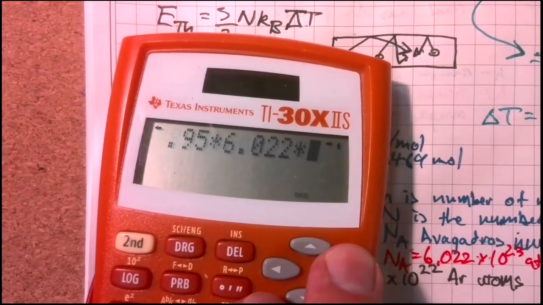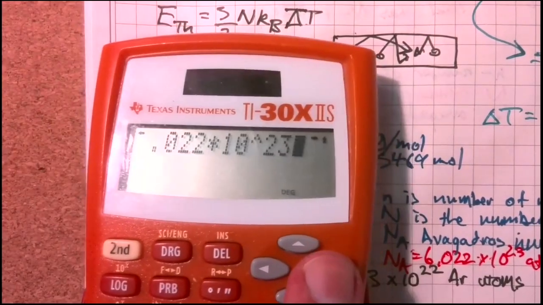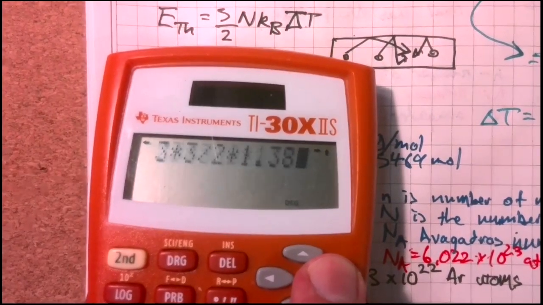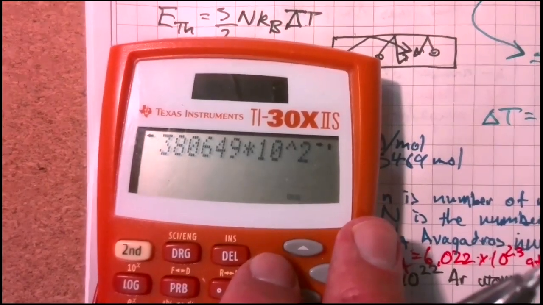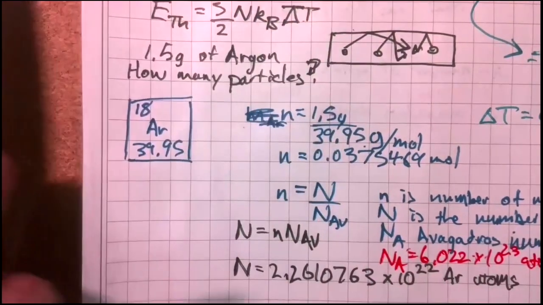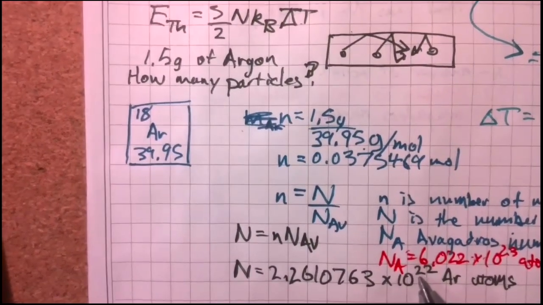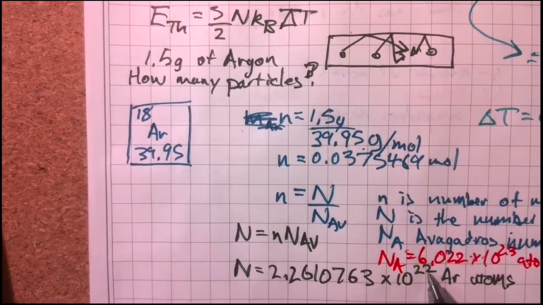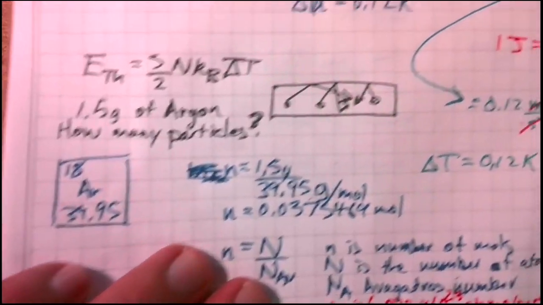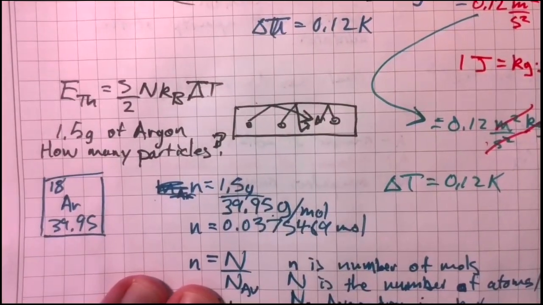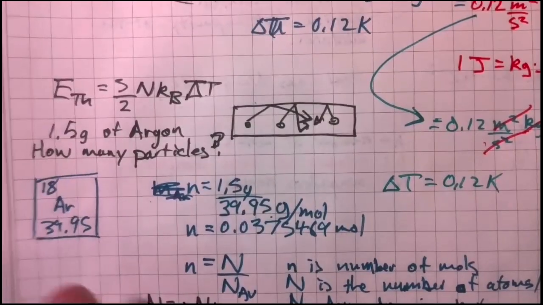I'm going to go back and look at this. Okay, I have 10 to the power of 23. Now the other one here. Oh, there it is. First of all, right here, this was supposed to be the power of 22, and then the ideal gas constant is the power of minus 23.